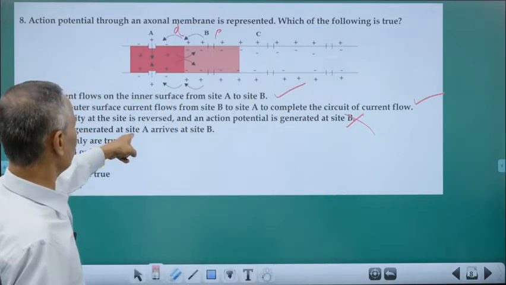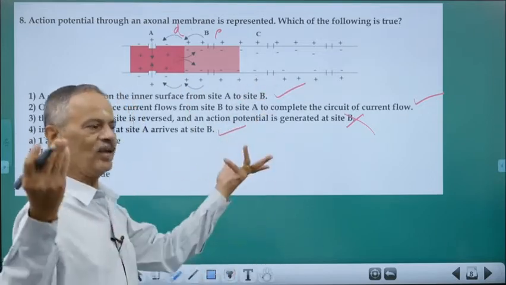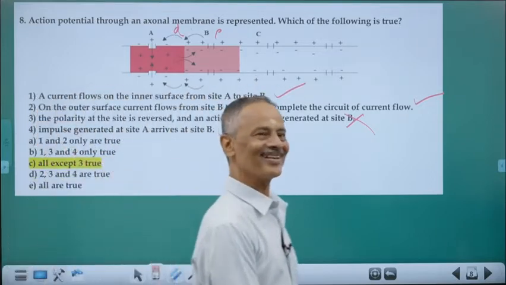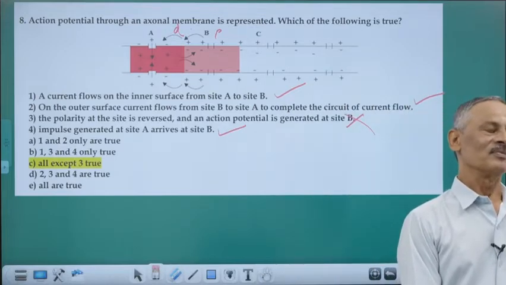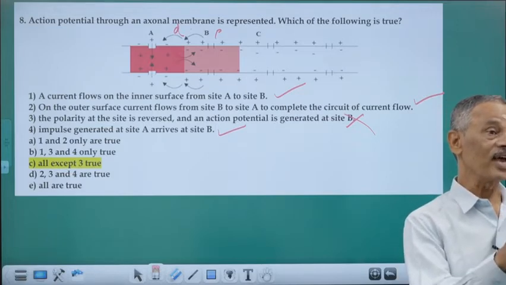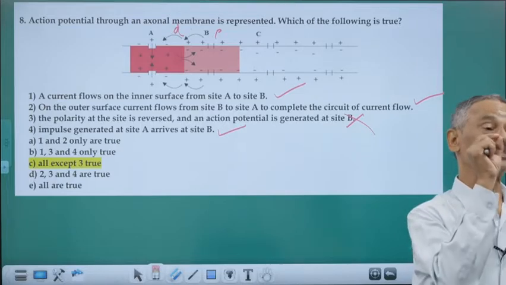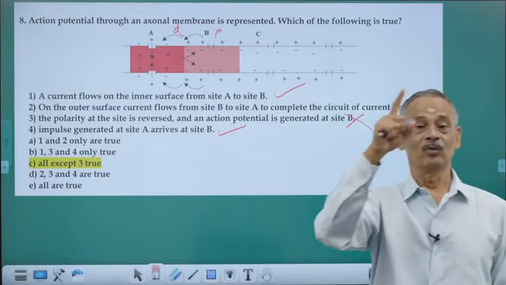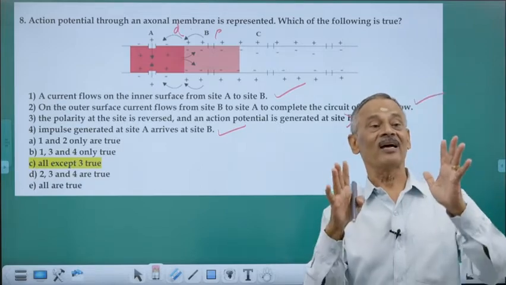The impulse generated at site A arrives at site B because of the flow of charges. That flow of charge is called local current. That local current flowing is called the impulse. This is why we say that the impulse is an excitatory wave passing along the membrane of an axon. Why do I call it an excitatory wave?